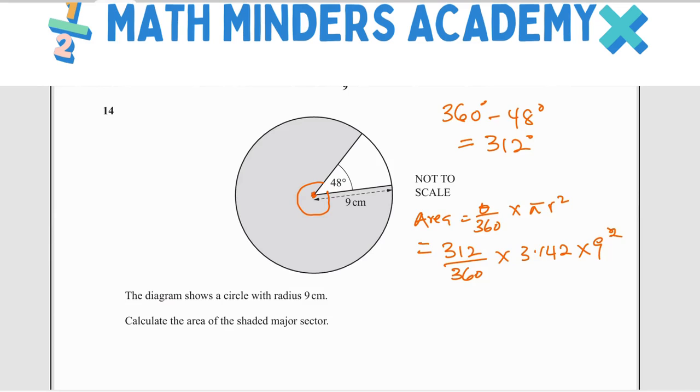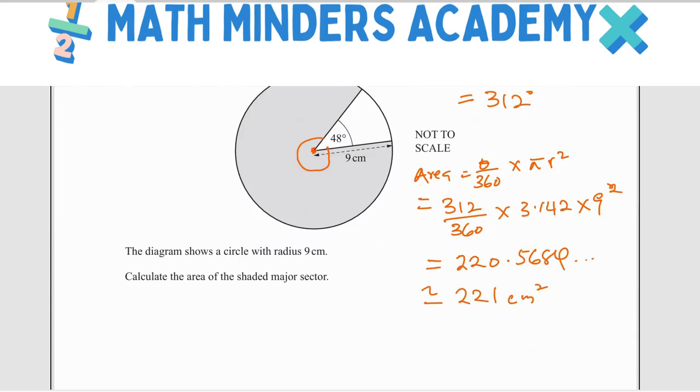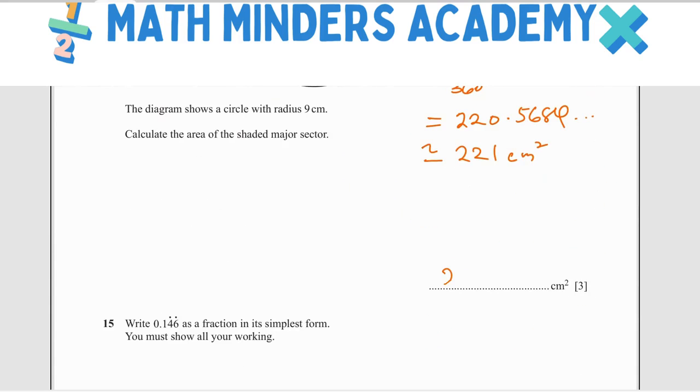Now, if we evaluate this with our calculator, it's going to give us 220.5684, and so on. So if we write this to three significant figures, you have 221 square centimeters. Okay, we'll go to the answer space and enter 221. Of course, the unit is already given there.